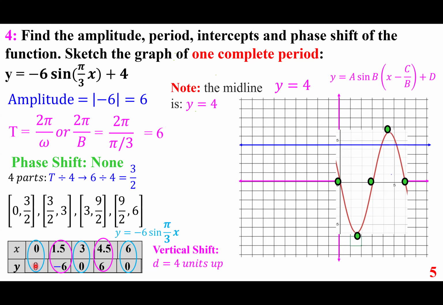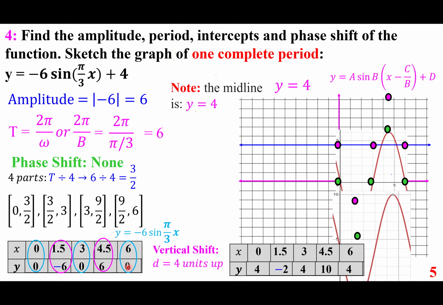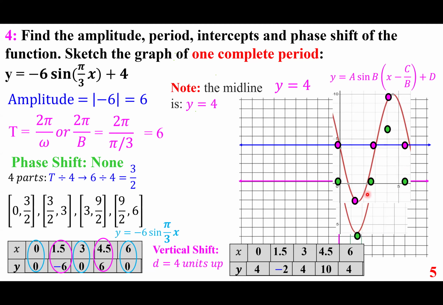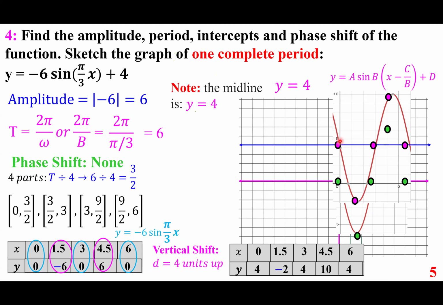So this becomes 4 minus 2, 4, 10, 4, and those are the new points. That's one complete cycle moved up by 4. And of course, this is one complete cycle. You can continue indefinitely on both sides if they ask you.